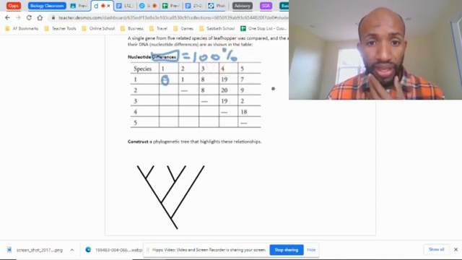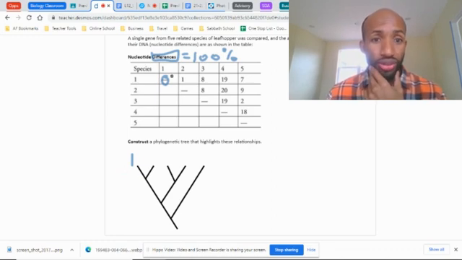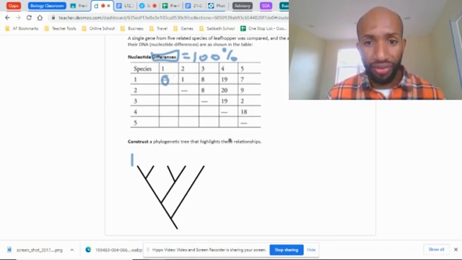Okay, that would mean that species 1 belongs right here. Okay, and if that is true, then the species with the most differences would belong over here. We can see that species 5 is the one that has the most differences.